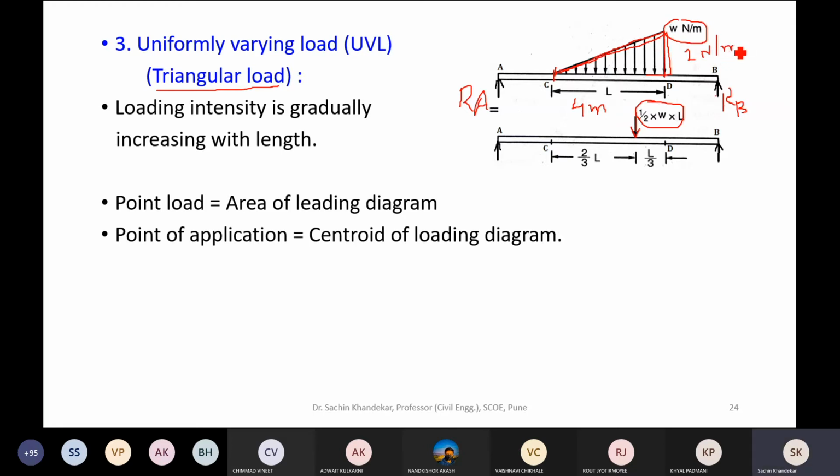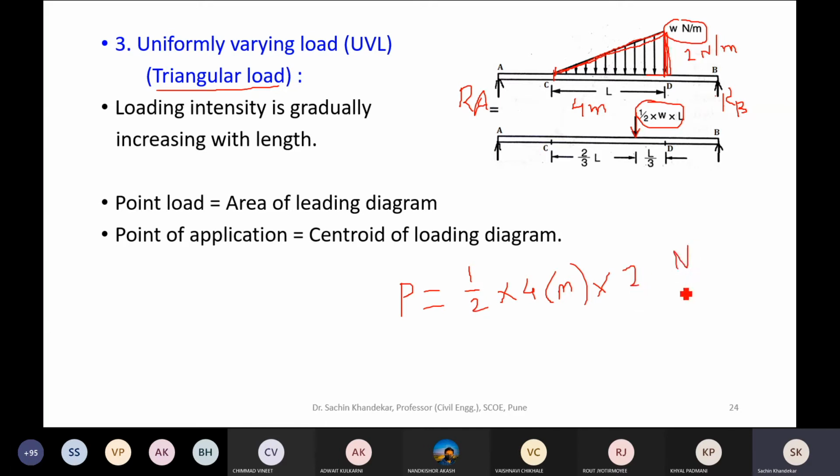Hence, what will be the point load P? The point load P is equal to the area of the triangle, which is 1/2 times the base, 4 meter, into the height, which is 2 Newton per meter.